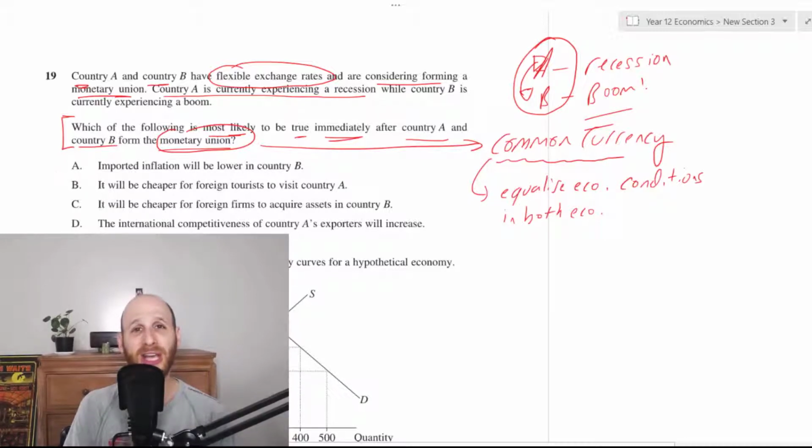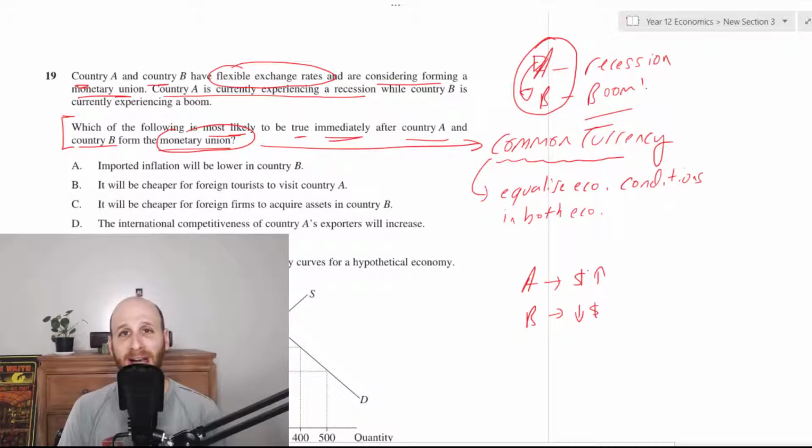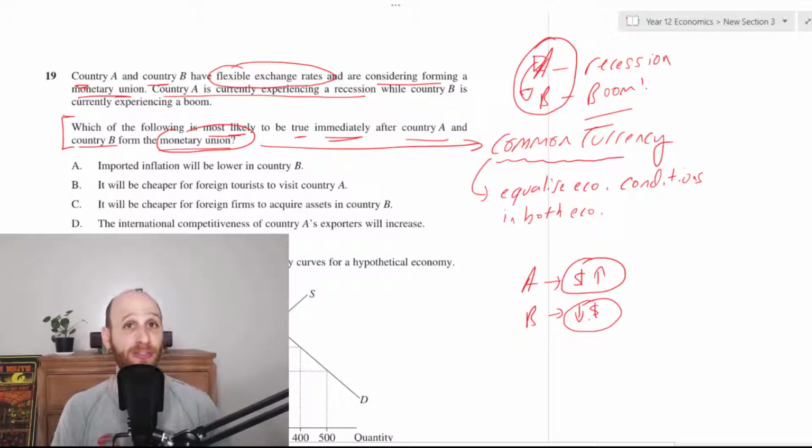So if I look here, what I might think about is this. Country A, who's in a recession, their dollar might increase because now they're linked to country B, which is in a boom. Likewise, country B's currency might depreciate because they're linked with country A, who is in recession.